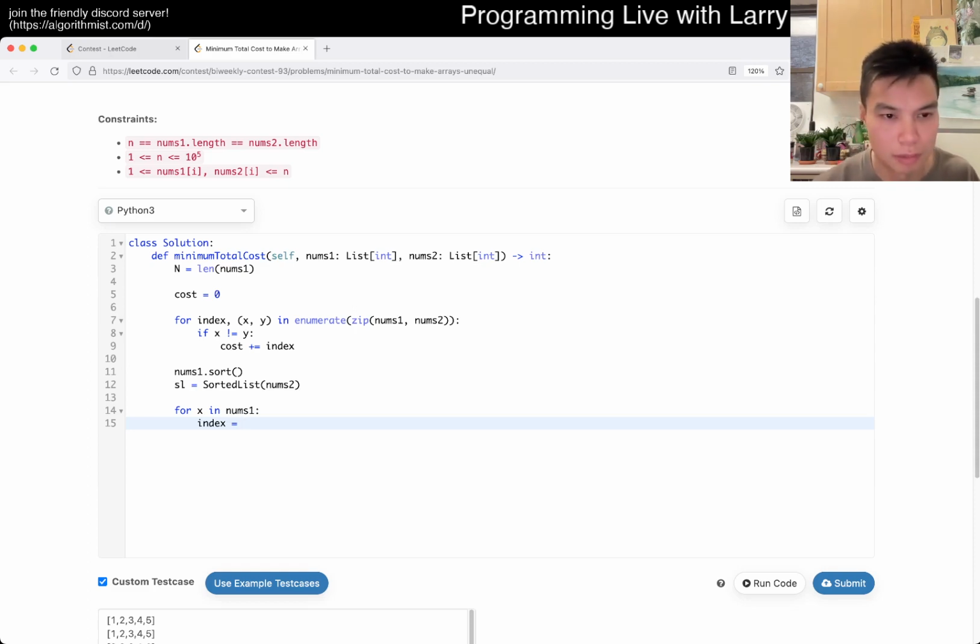Yeah, really, just take any number, any slot. I think so.